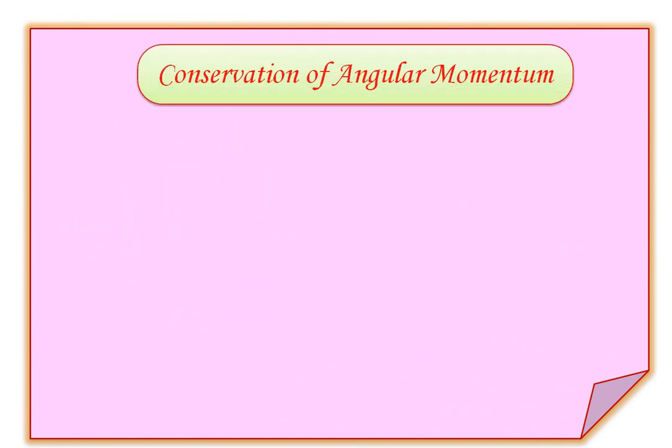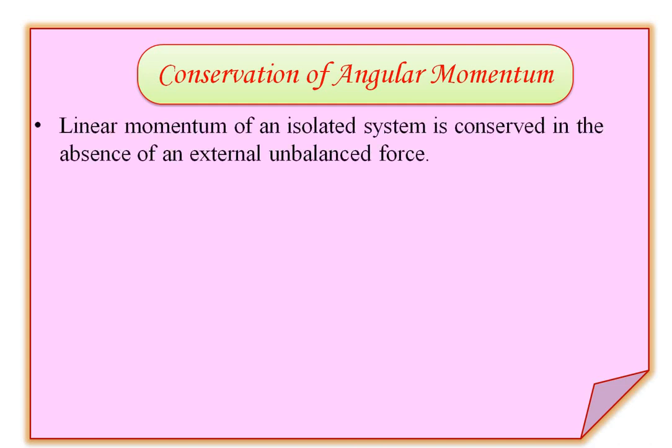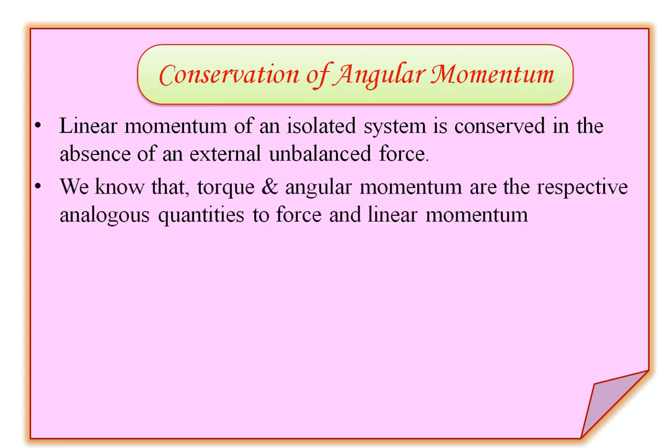Next point is the conservation of angular momentum. In last 11 standard, for linear momentum, we saw that the linear momentum of an isolated system is conserved in the absence of an external unbalanced force. So we know that torque and angular momentum are the respective analogous, that means similar, quantities to the force and linear momentum.